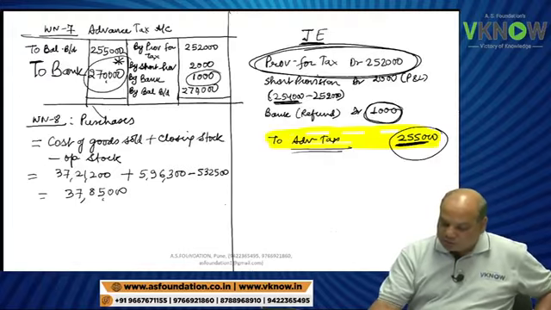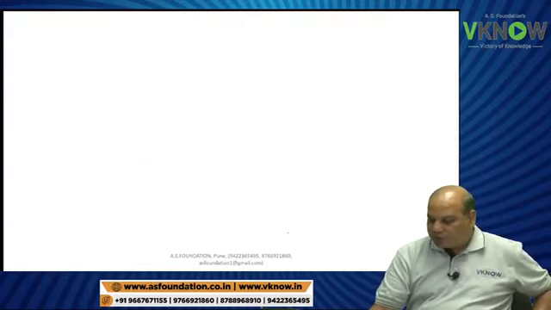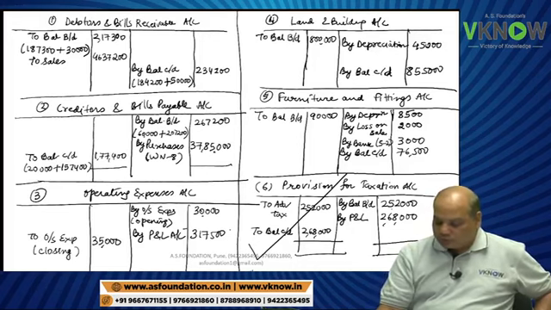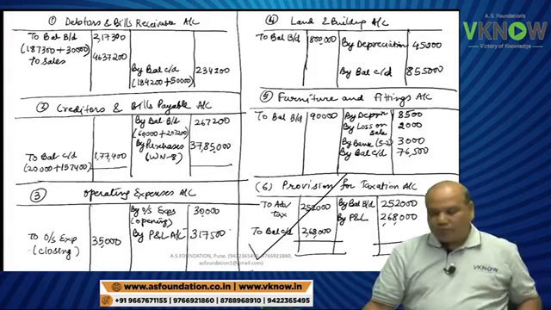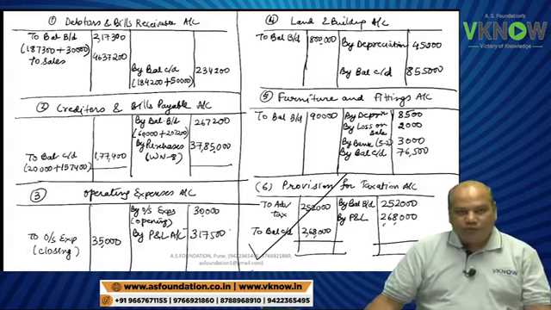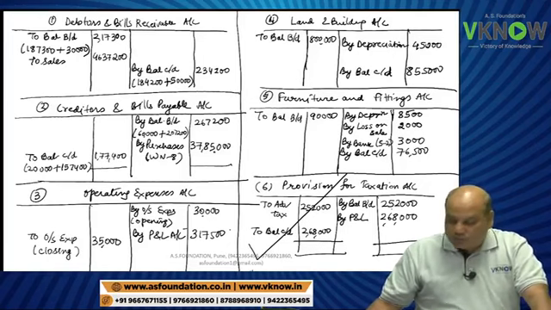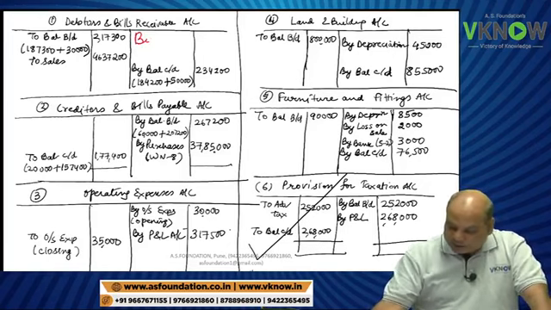Advance tax account closed. Right. So one by one we'll complete the balance working notes and see whether it is to cash or by cash. So debtors account by bank. Student will help me by giving me the balancing figure.